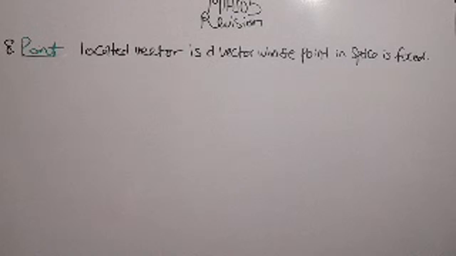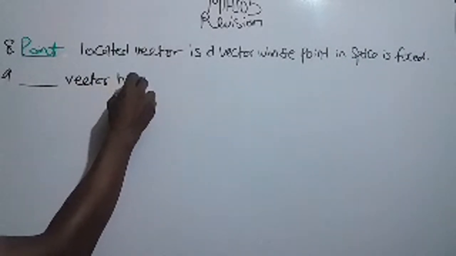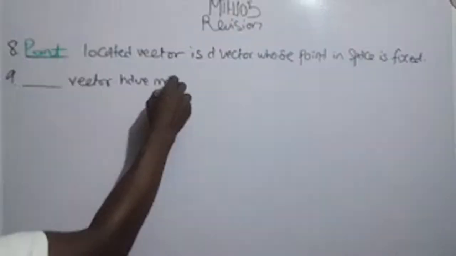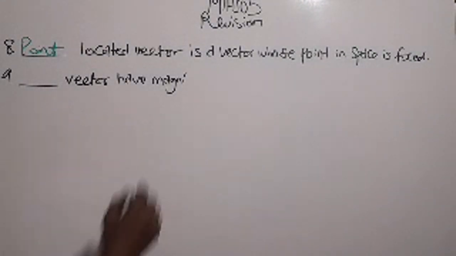Now let's take this. Dash vector have magnitude and direction, but have no particular position.